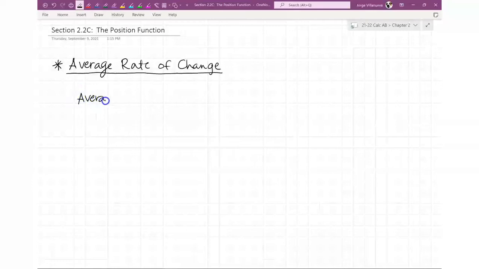So average velocity for us is going to be the change in distance divided by the change in time.